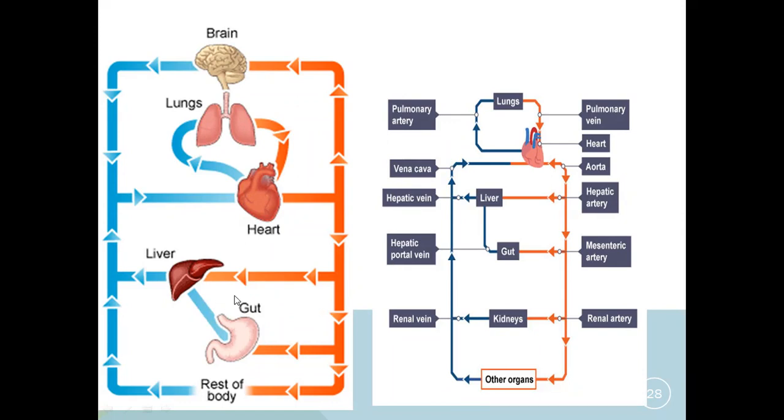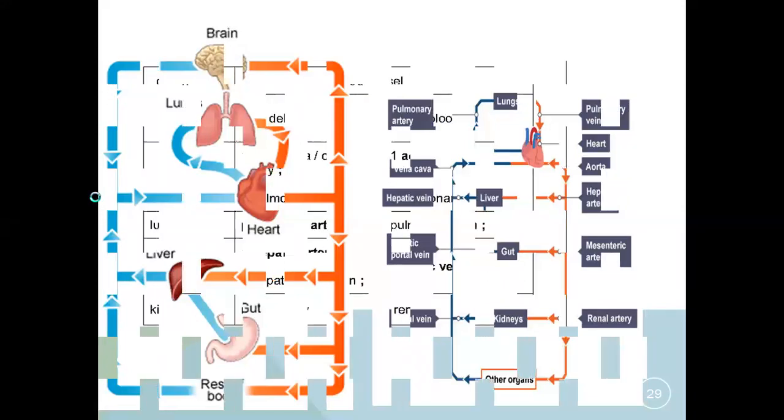It takes the blood from the gut to the liver. So our answer should be this. While the one taking blood away from the liver should be the hepatic vein, because now the blood is deoxygenated, so it is taken away from the liver.